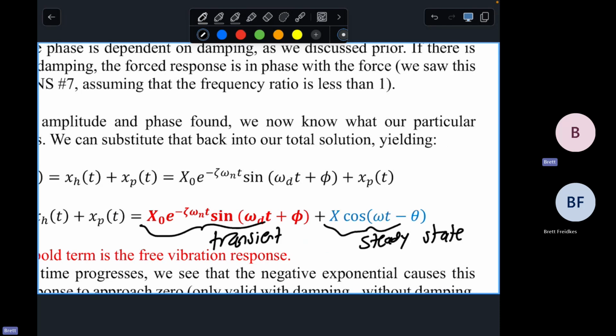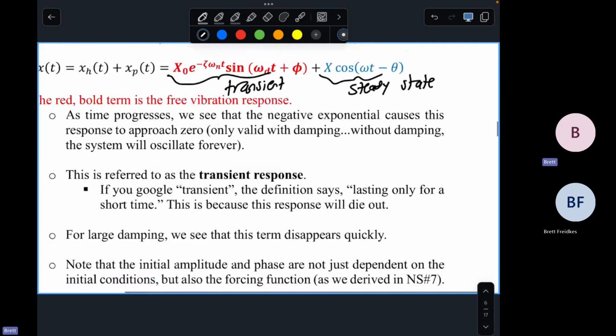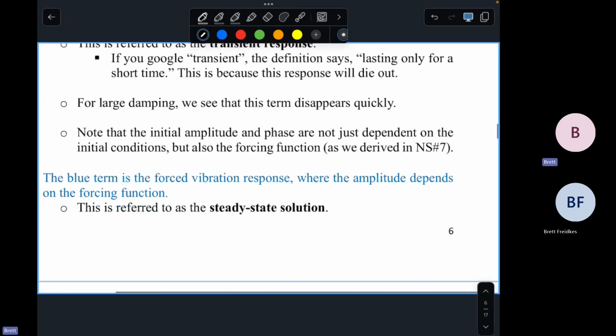The force is just doing its thing. Yeah, it changes X, but the oscillations persist as long as the force is there. That makes sense. Doubts about that? Okay. So yeah, the transient and the steady state.